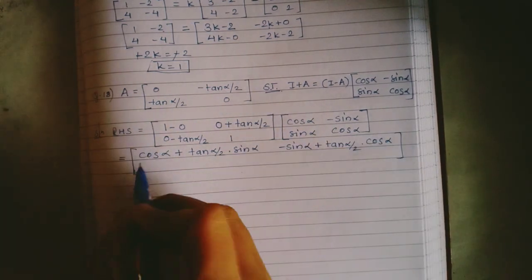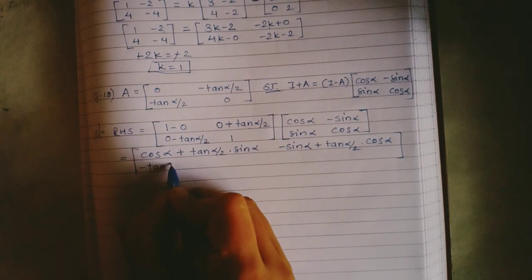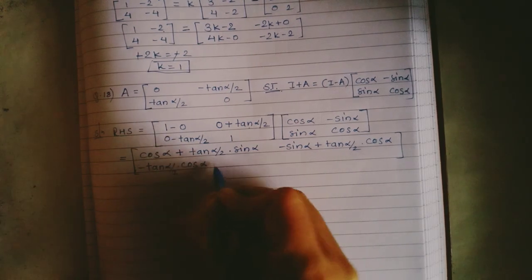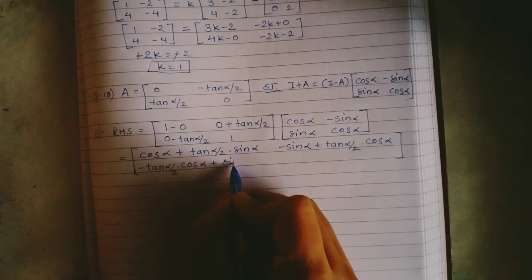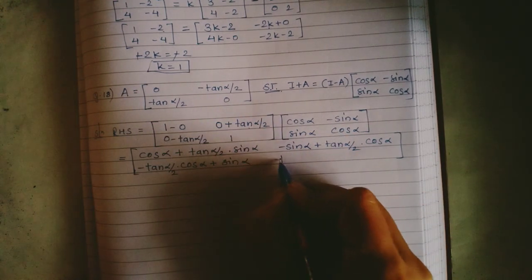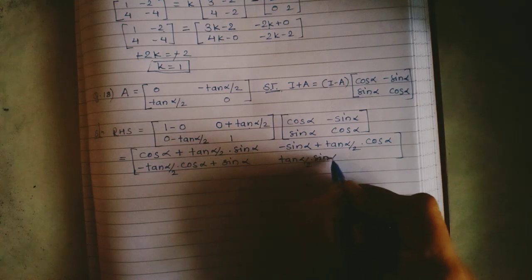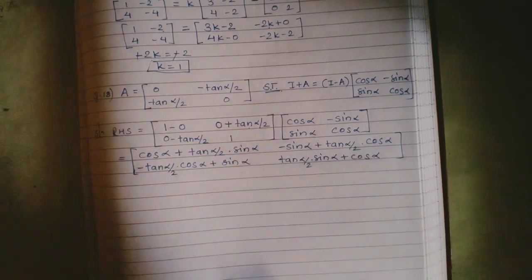Then minus tan alpha by 2 into cos alpha plus sin alpha. Then minus into minus plus cos alpha. Okay.